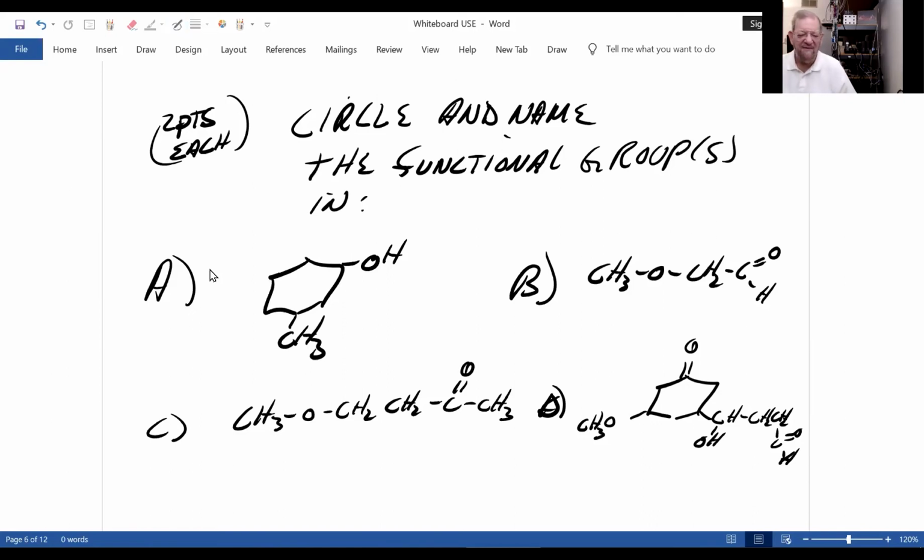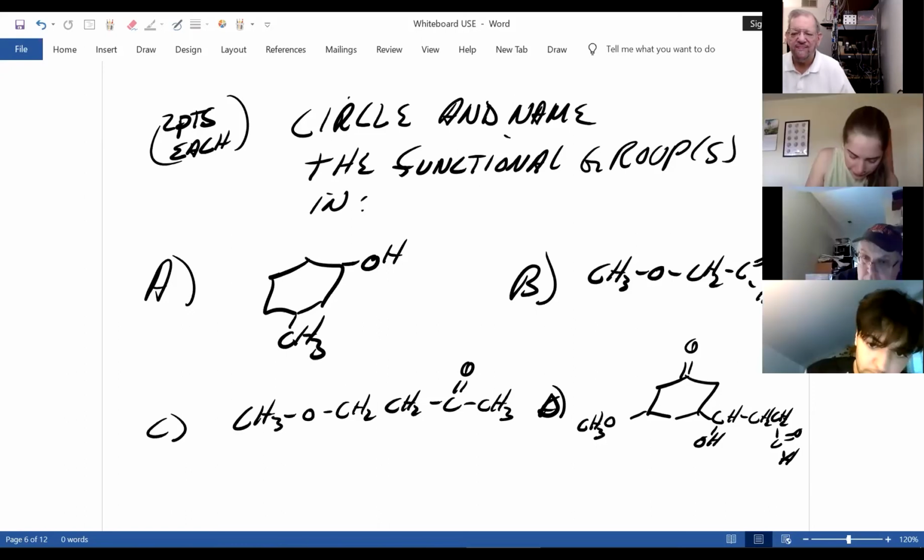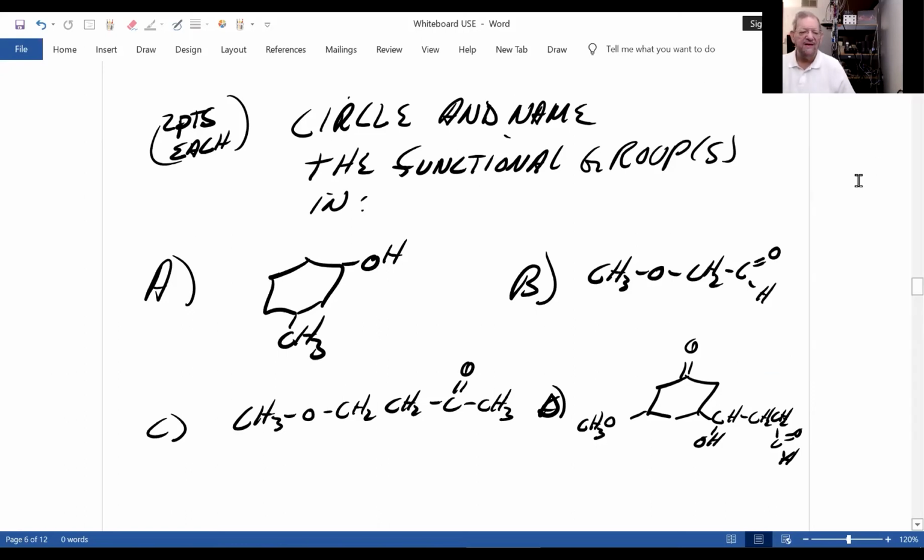And there you go. Have fun. Remember, you're not asked to name the molecule. Just circle and name the functional group, 2 points each.